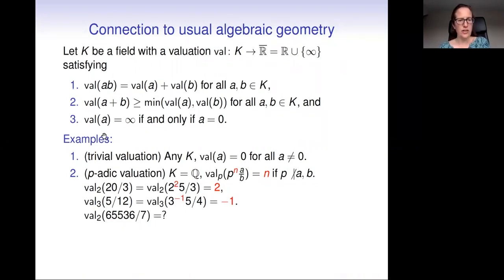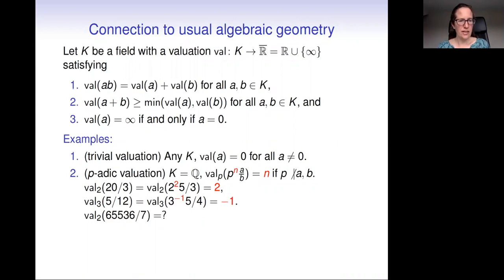I can see some questions. So where does the idea of valuations come from? Maybe one way to think about it is it's an abstraction of a log. So it's an abstraction to more general fields of the concept of a log. Because log of a times b is log of a plus log of b, and log of a plus b is related to, well, the max actually, of the log of a and the log of b.